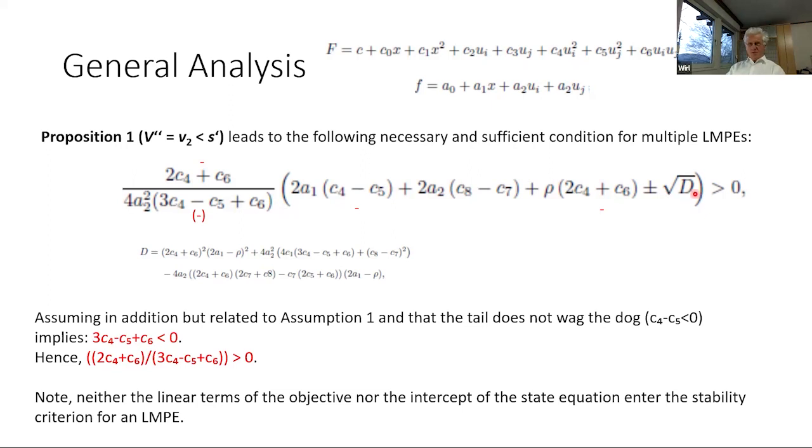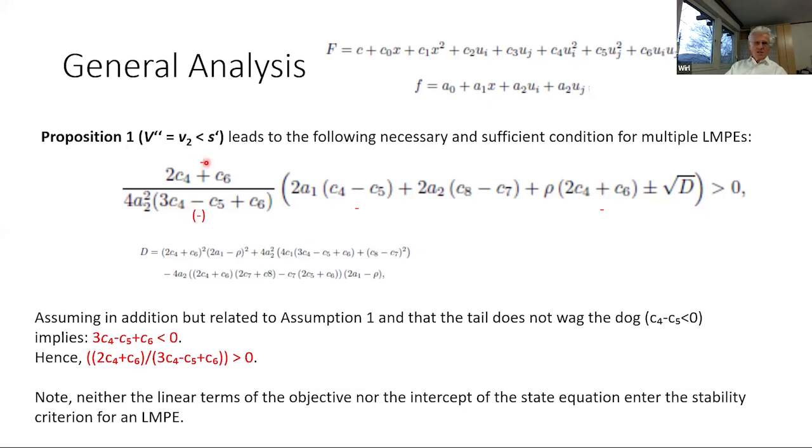Okay, so in this case, for multiple equilibria, for both solutions, whether you take plus or minus of the root, must be non-negative. Okay, because the term in front is positive because numerator and denominator are both negative.